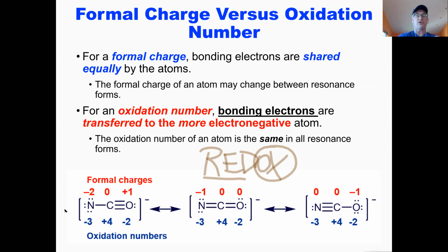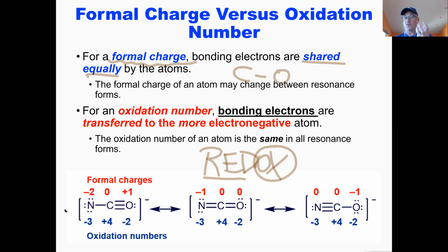So for a formal charge, we're talking about, as I mentioned before, equally sharing the electrons between them. So if I have a carbon and an oxygen, when I'm trying to figure out what the formal charge is, remember I just split this bond down the middle. I give one of the electrons to carbon and I give the other electron to oxygen to figure out what the actual charge is.